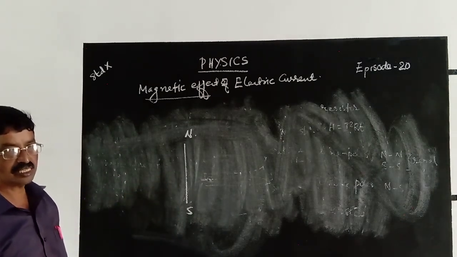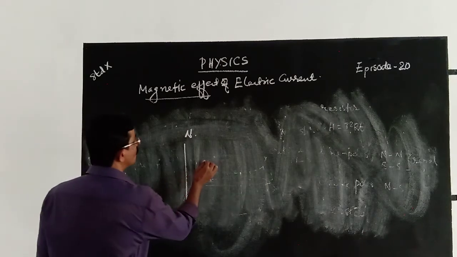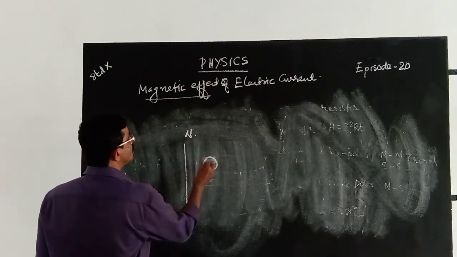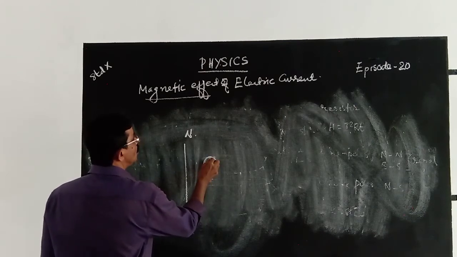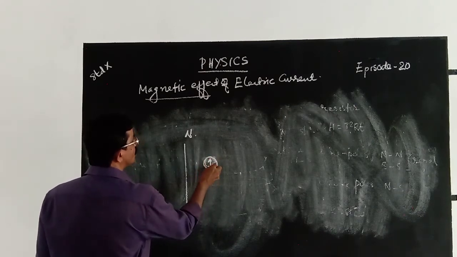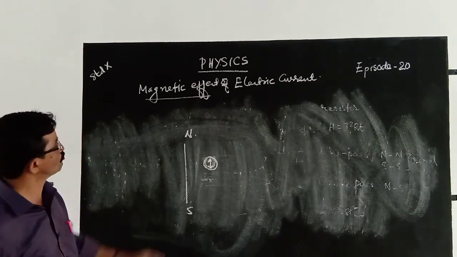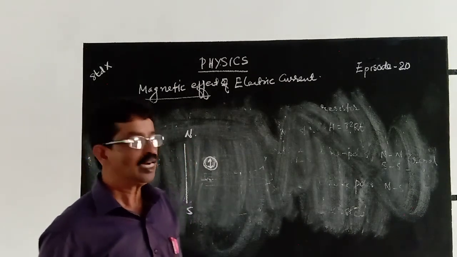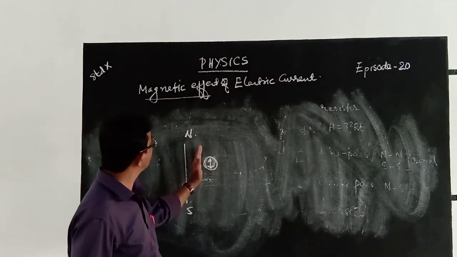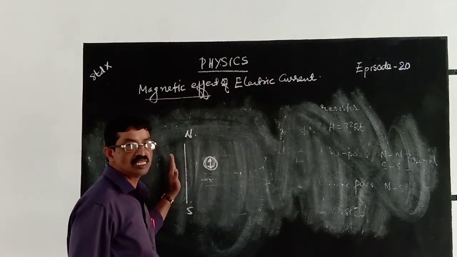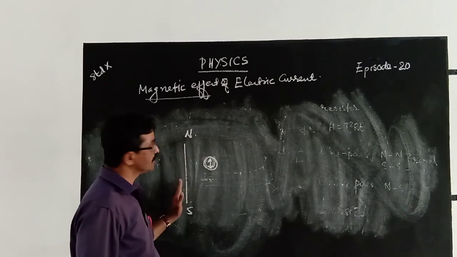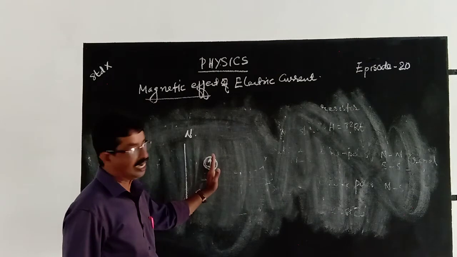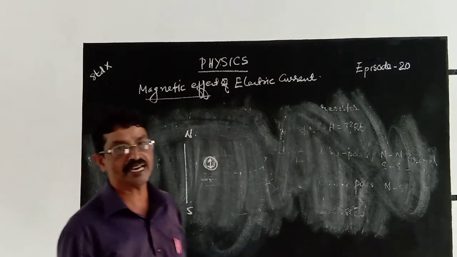Below it is a compass needle, which is also in the north-south direction. At first we keep a compass, and above it we arrange a thick copper wire which is parallel to this compass, in the north-south direction.